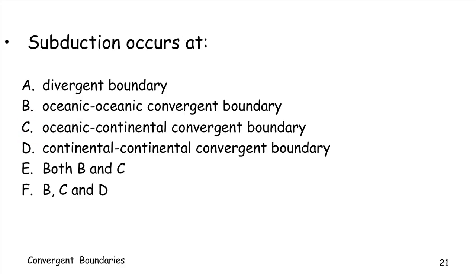Subduction occurs at divergent boundaries. No, we have seafloor spreading. They are not subduction. Oceanic convergent boundary. Yep, there is subduction there. Oceanic continental convergent boundary. There is subduction there as well. Continental convergent boundary. No subduction. So it's both B and C. So the answer is E, of course.